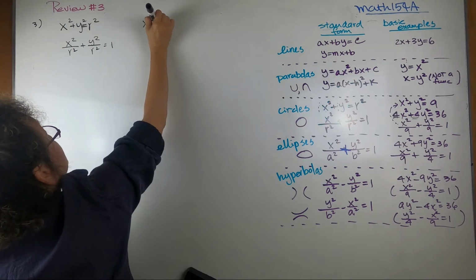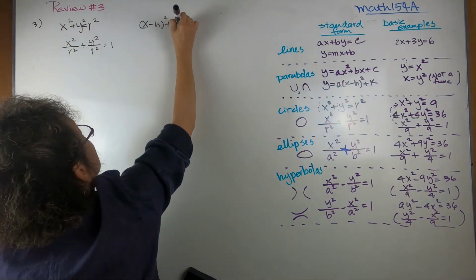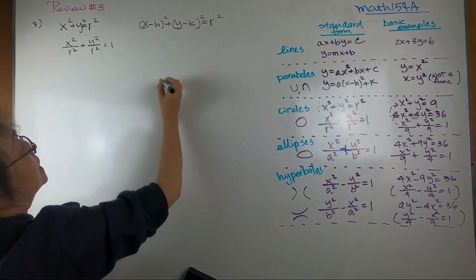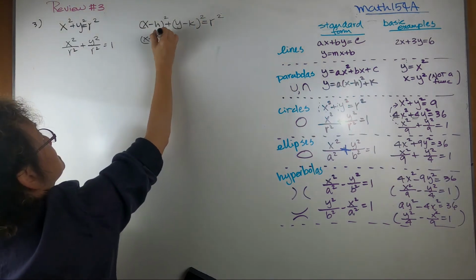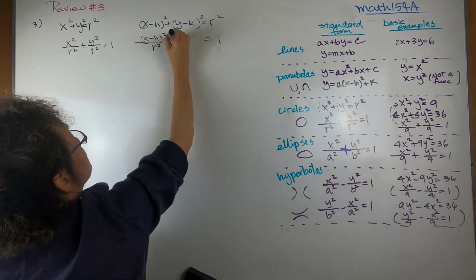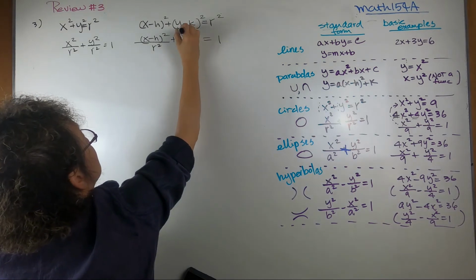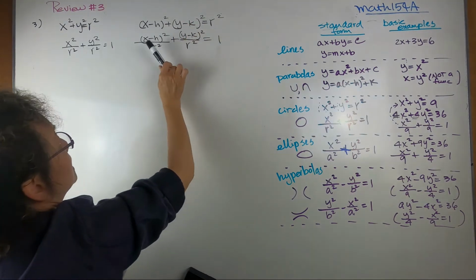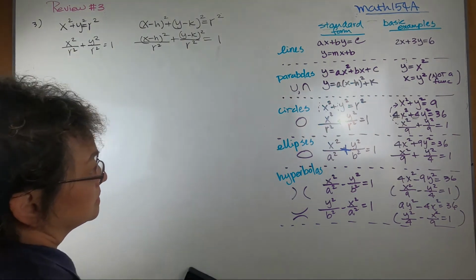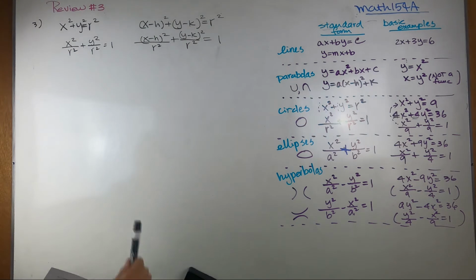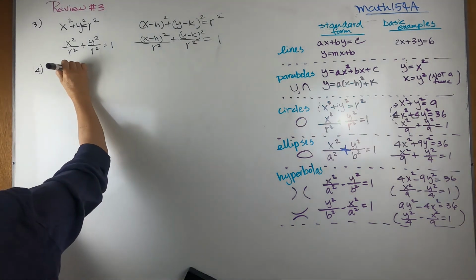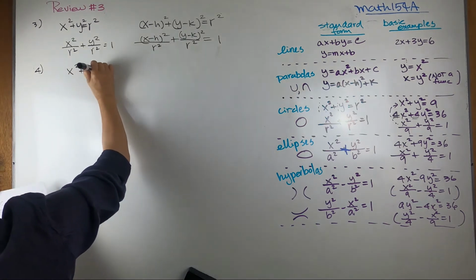Or if we shift to (h, k), it will be like this. Or we can write equals 1. We always like to do that, right? If A and B are the same, you have a circle instead of an ellipse, right? So that's your standard form for the circle. And if we have this one, we say graph it.